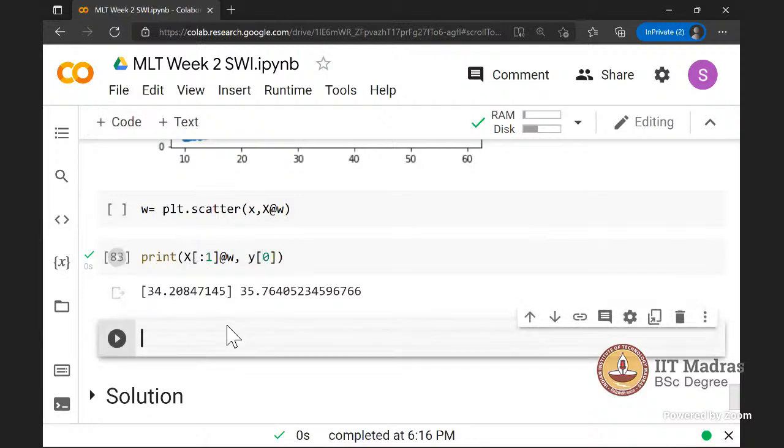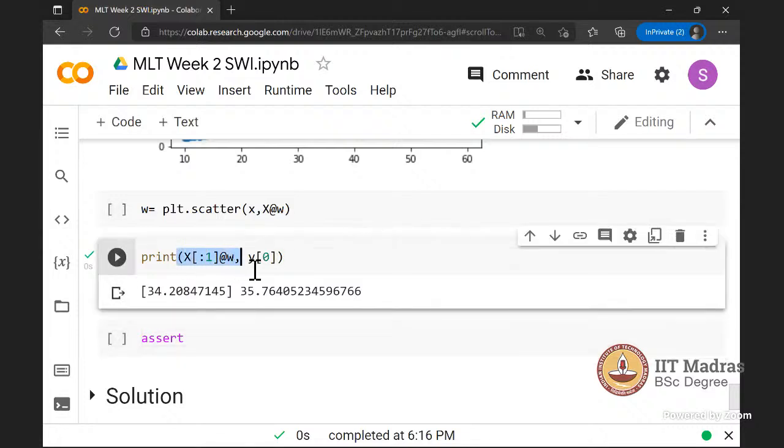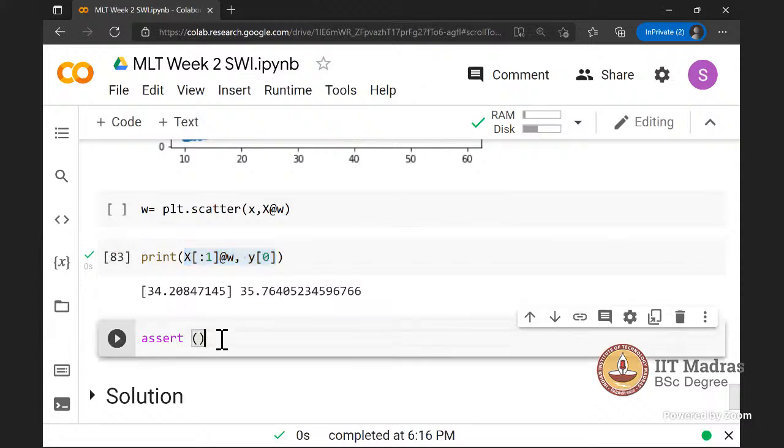For example, we can always write assert that this thing dot absolute is less than, definitely not less than 0, but let's say 2. Okay, some manageable error.